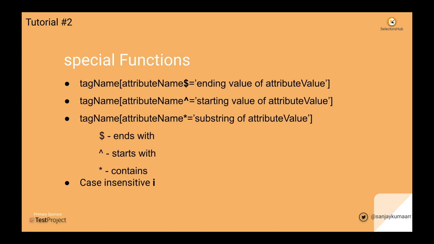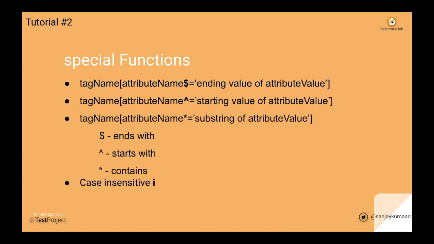There are special functions as well in CSS selector, which you might not have seen in XPath, like dollar, cap, star. These are really good functions. Dollar is like ends with attribute value, cap is starts with, star is contains.